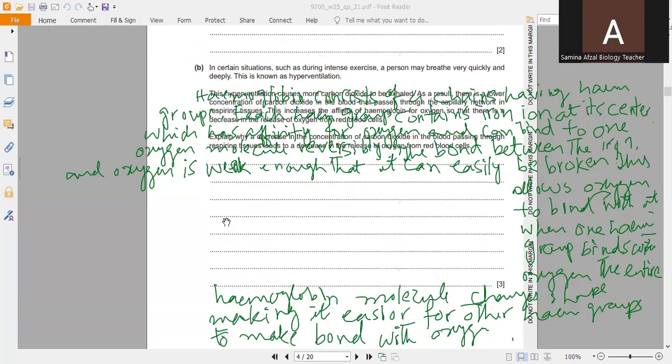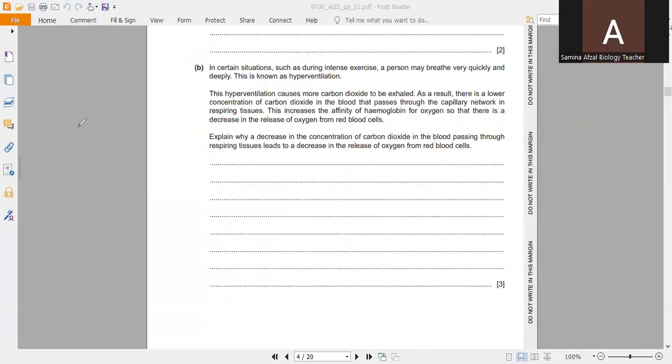Now part B of this question is: in certain situations, such as during intense exercise, a person may breathe very quickly and deeply. This is known as hyperventilation. This hyperventilation causes more carbon dioxide to be exhaled.